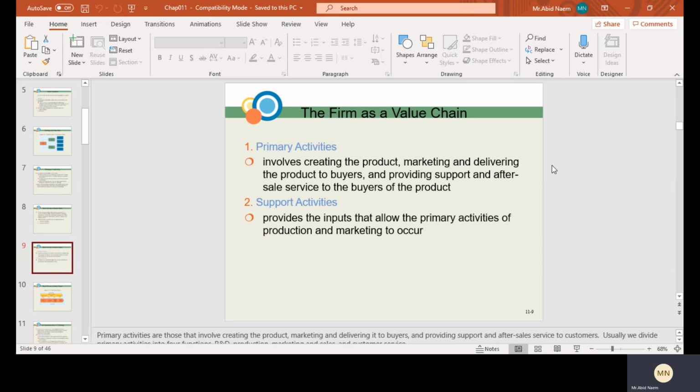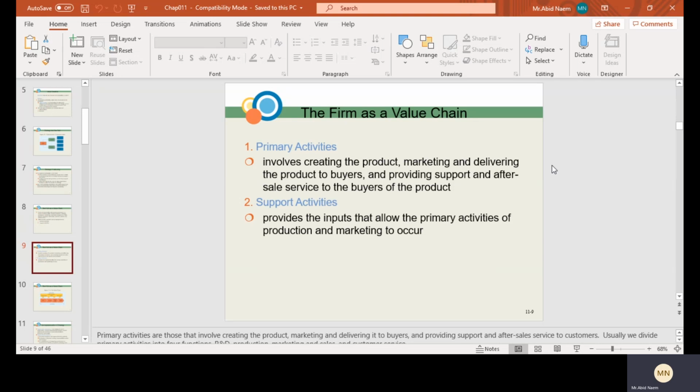Primary activities involve creating the product, marketing and delivering the product to buyers, and providing support and after-sales service to the buyers of the product. Whereas support activities provide the input that allows the primary activities of production and marketing to occur.